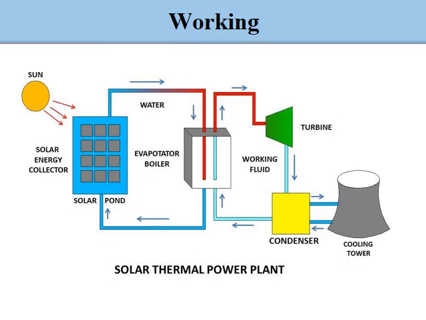Basically, it consists of two loops. One loop consists of solar pumps and solar energy collectors, and the other loop consists of the turbine, condenser, and cooling tower. Both loops are connected through the evaporator boiler. The solar pond basically contains a reservoir of water or working fluids.